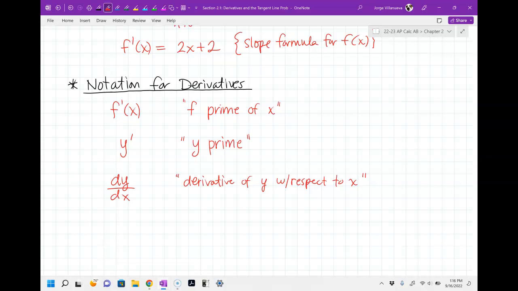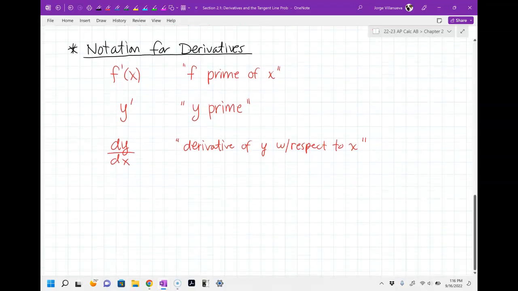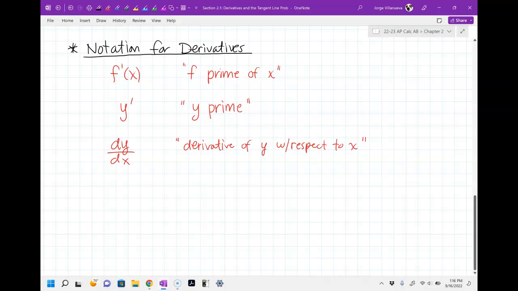So the denominator tells you which letters you're taking derivatives of. Now there are two more, and one of them is kind of popular. The last one is really not that popular. d dx, you'll hear me say that sometimes, d dx of a function. So this would be the derivative of f of x with respect to x.